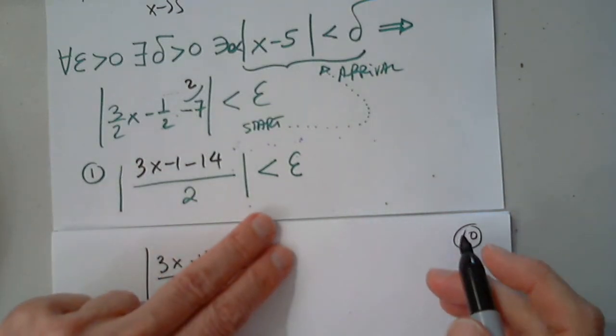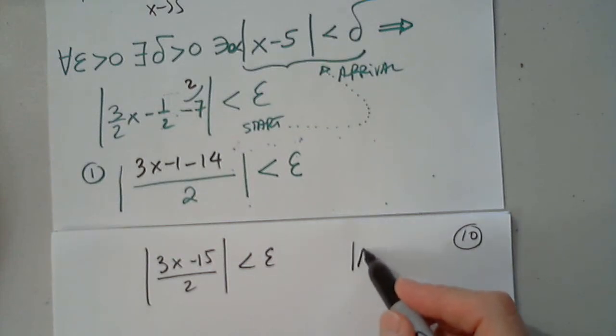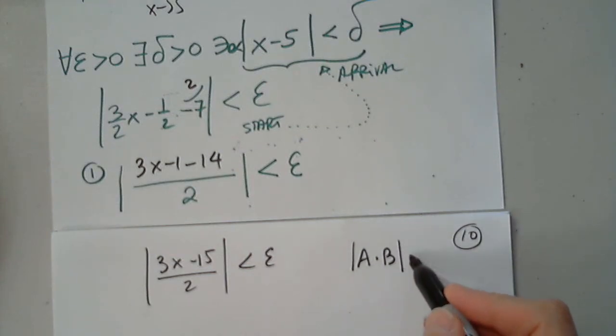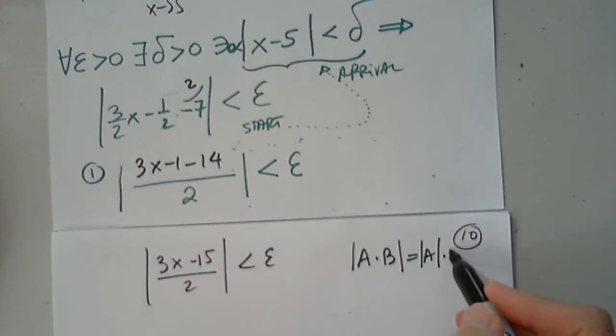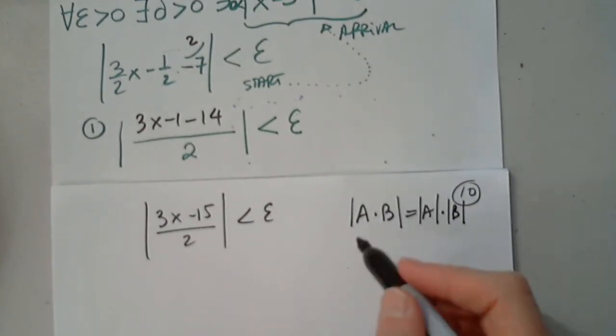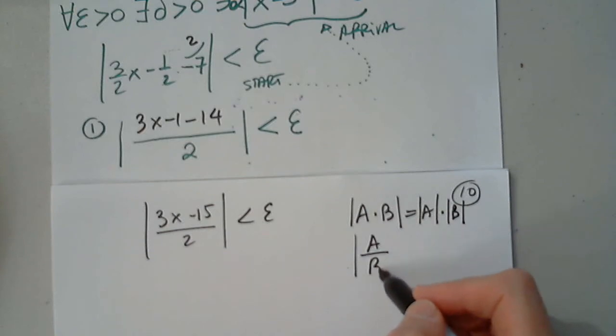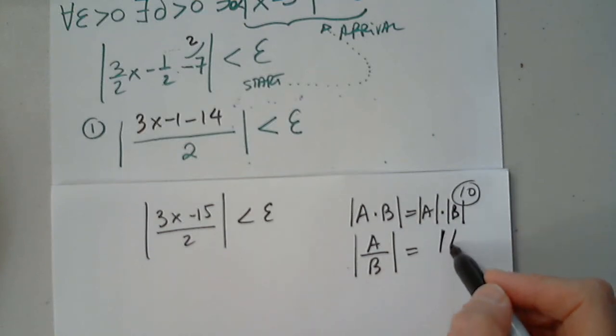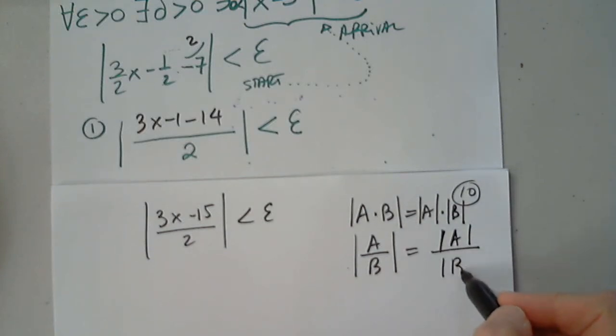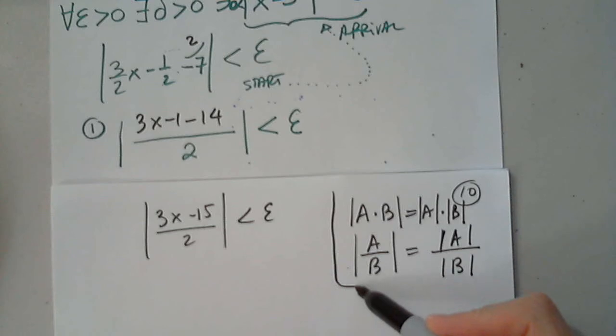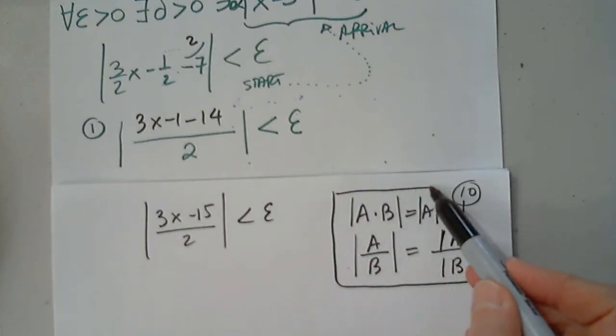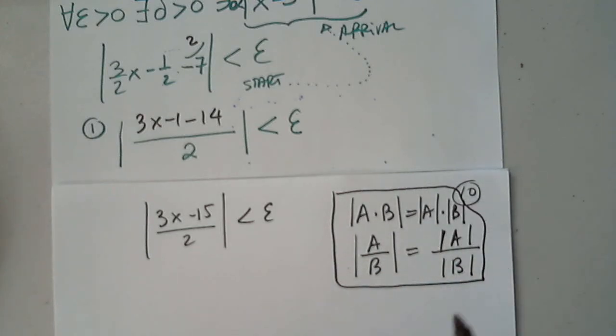A side note. The absolute value of a times b is the absolute value of a times the absolute value of b. Also, the absolute value of a over b is the absolute value of a over the absolute value of b. So we have to use and show these properties step by step.